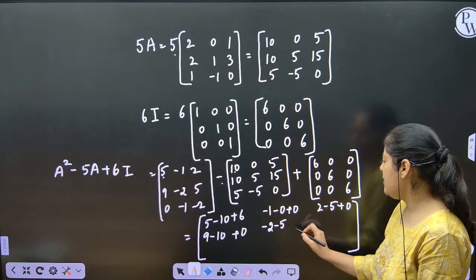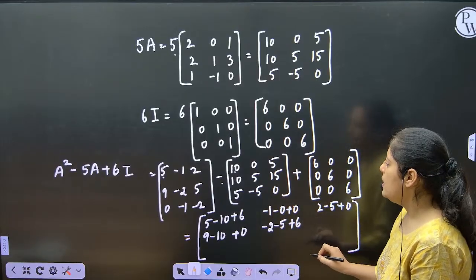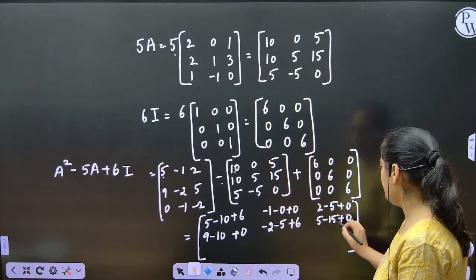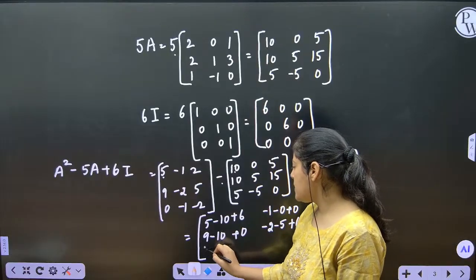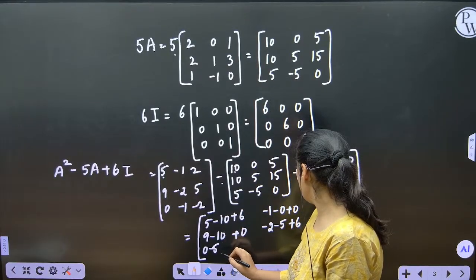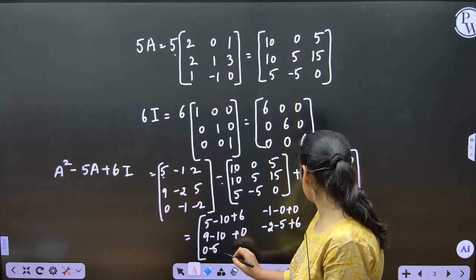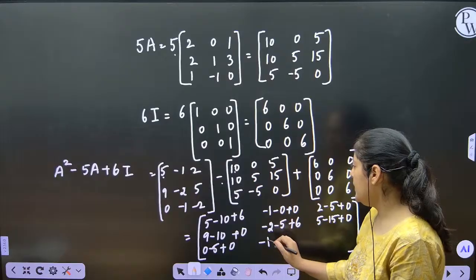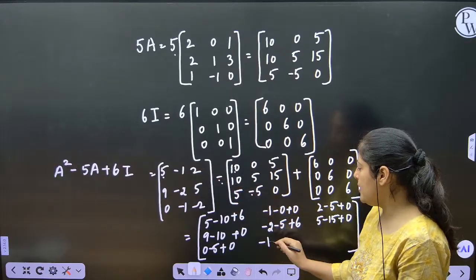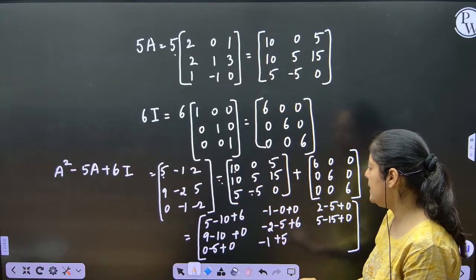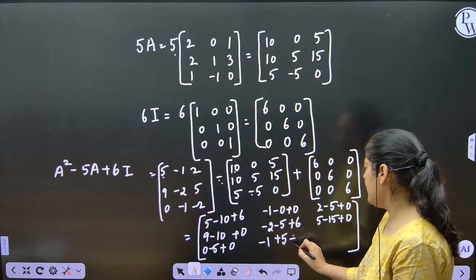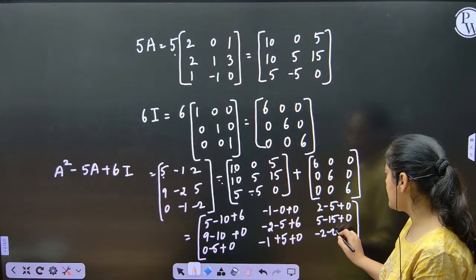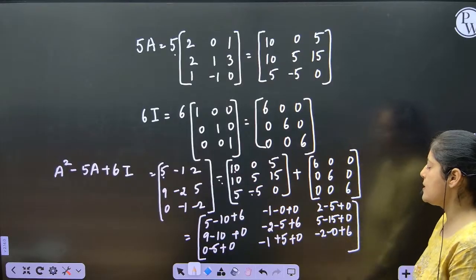Minus 2 minus 5 plus 6, 5 minus 15 plus 0, 0 minus 5 plus 0, minus 1. Now see here, minus will become plus here and this will become plus 0 as it is. Now minus 2 minus 0 plus 6.